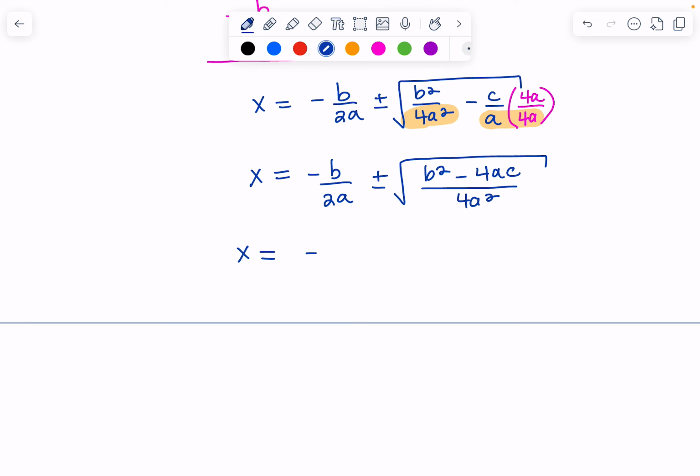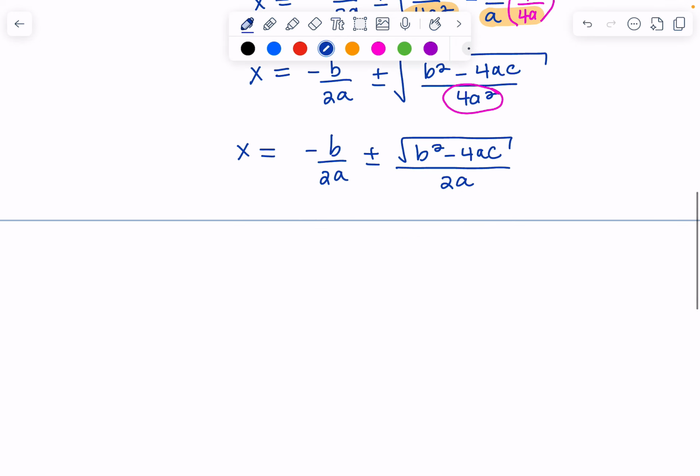And then from here, I have negative b over 2a plus or minus. I can take the square root of 4a squared, and when I do that, I'm going to leave b squared minus 4ac on top with the square root, but then underneath that, I just get 2a. And luckily here the denominators already match, so we have 2a on both of these.